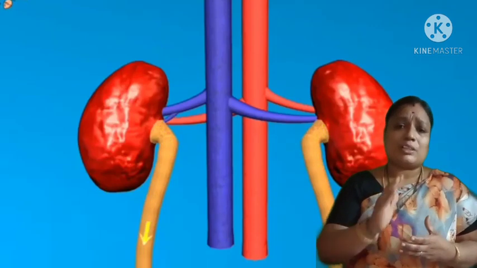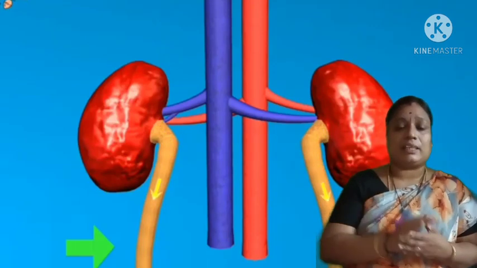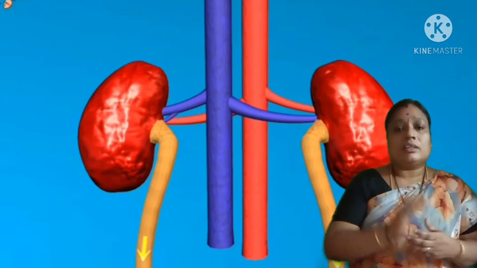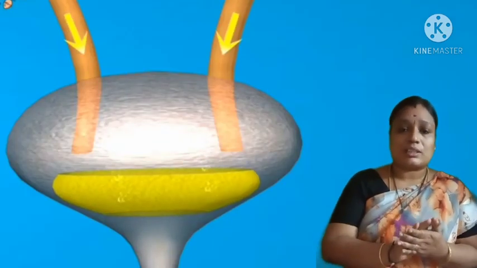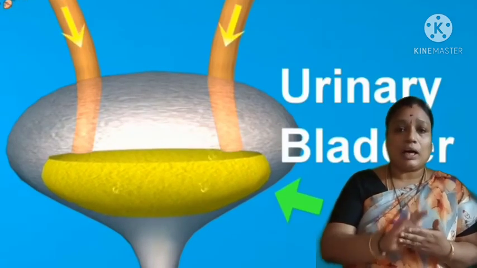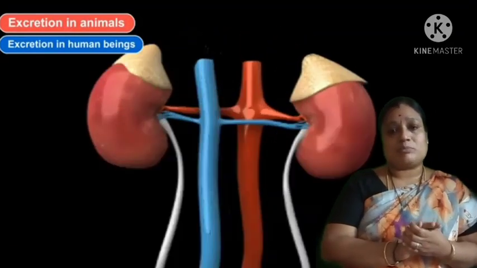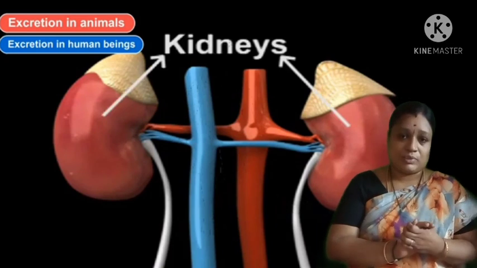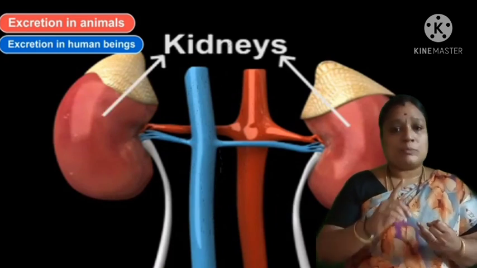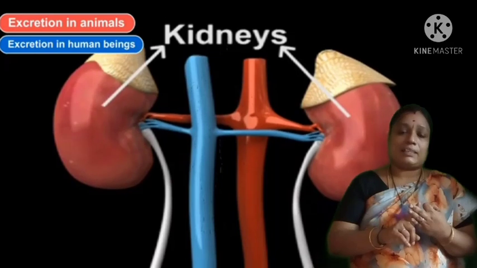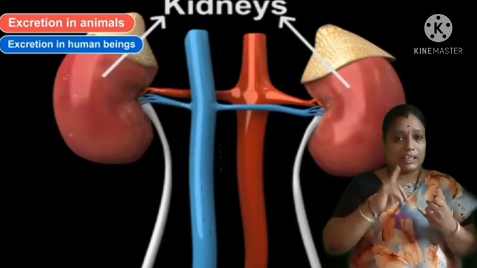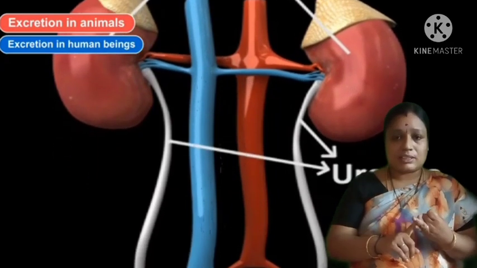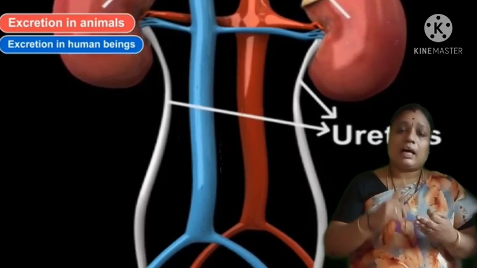How can we remove these toxic substances from the blood? We can remove them through our excretory system. In humans, the excretory system comprises a pair of kidneys, ureter, urinary bladder and urethra.